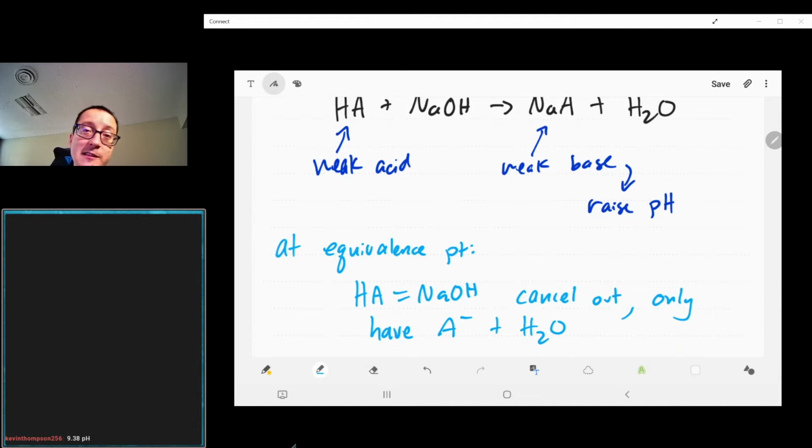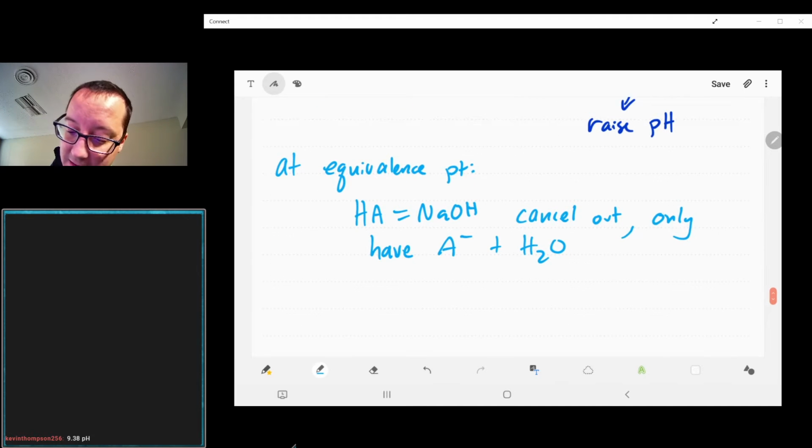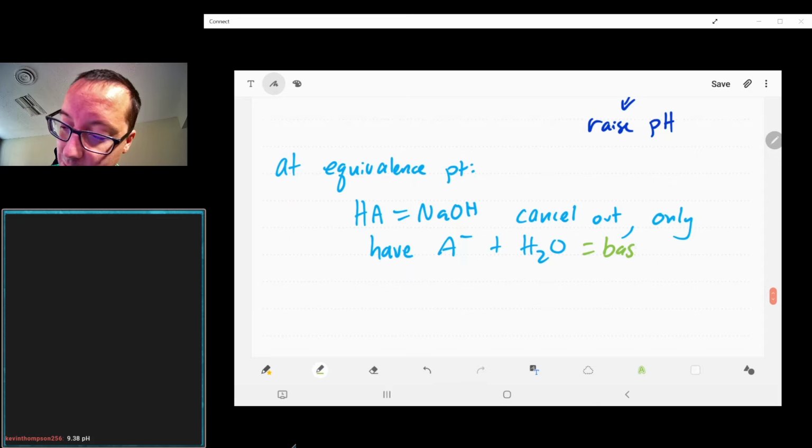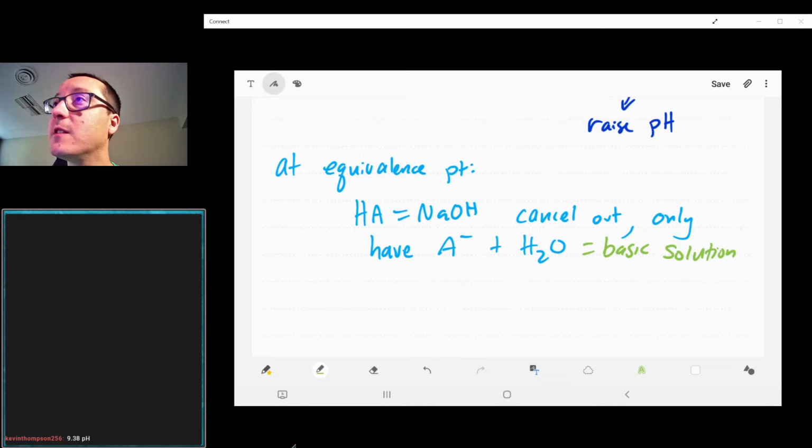And as a result, that A minus can react as a weak base, and so we end up with a basic solution at the equivalence point. All right, hopefully that makes sense. So we will have used up all our acid, all of our strong base is used up at the equivalence point, they're the same. So we're left with A minus and H2O.